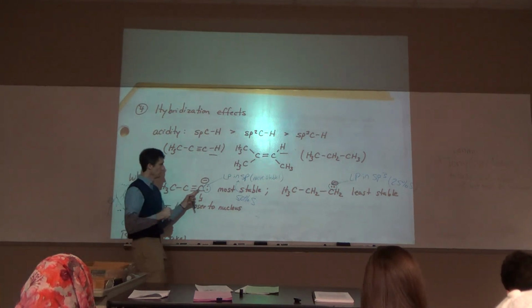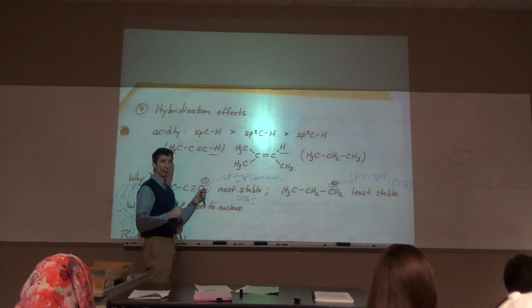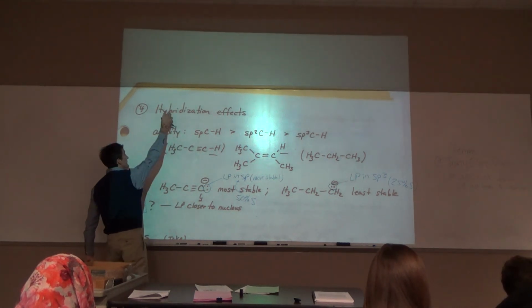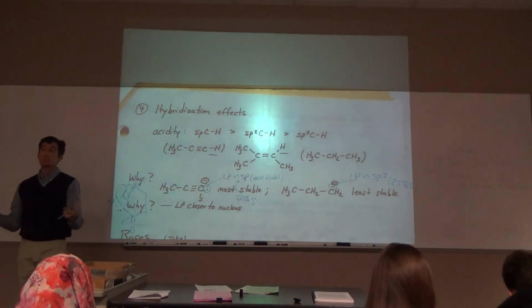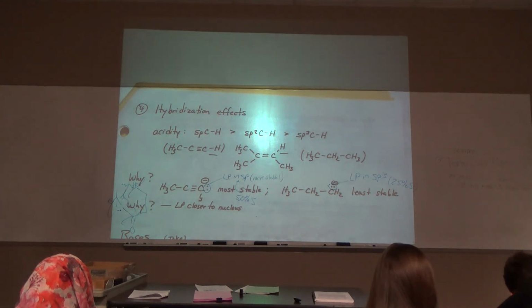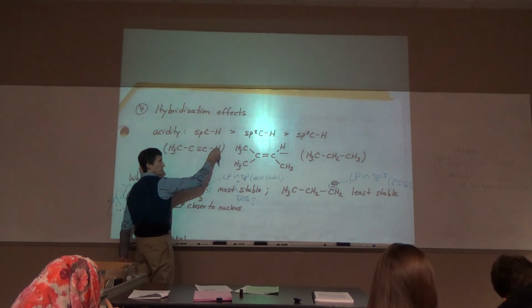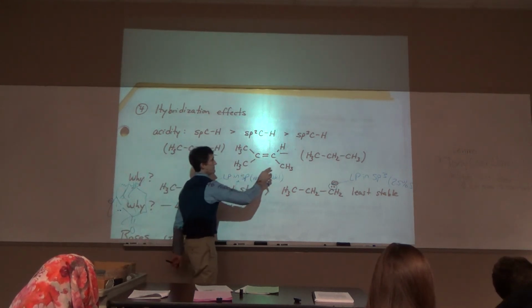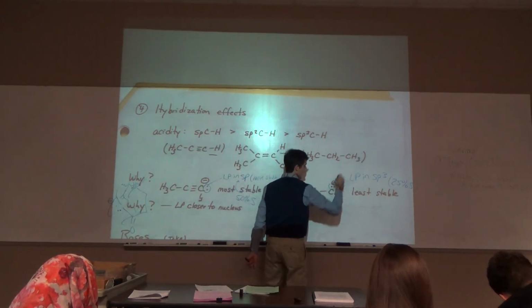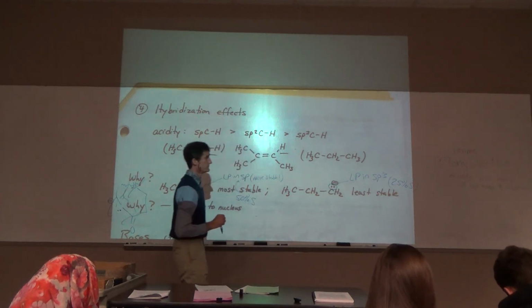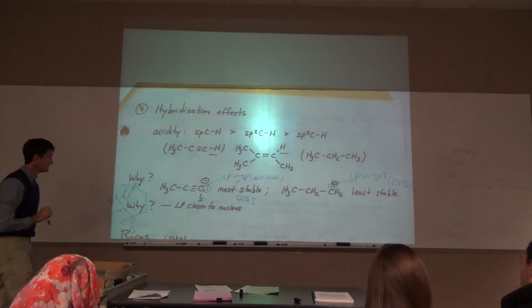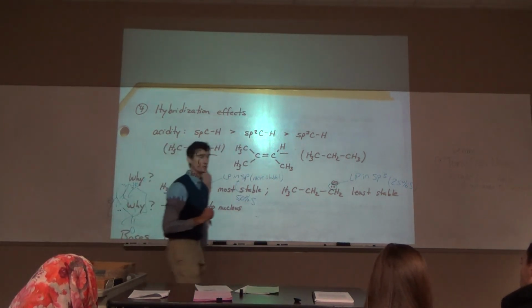This is more stable because of what type of effect? Hybridization effect. That's your only argument here, but it's very important. Alkyne CHs have some acidity. The others are going to be even less acidic. Lone pair closer to the nucleus.